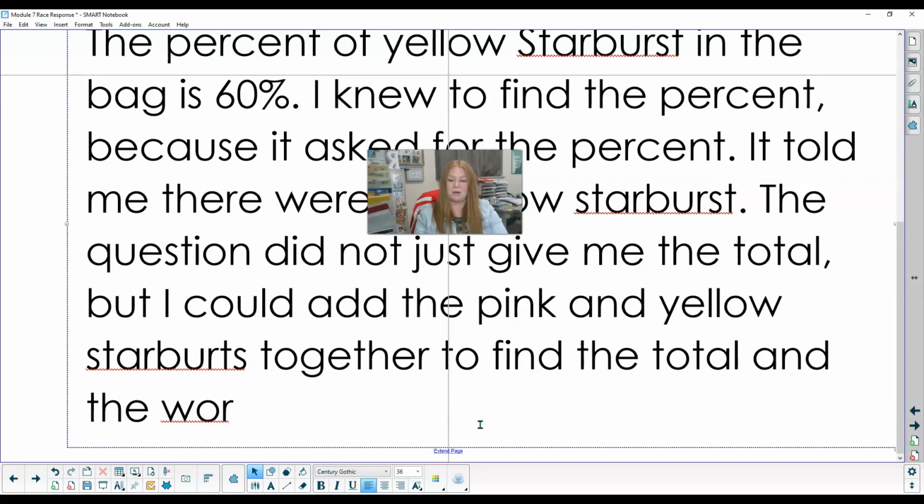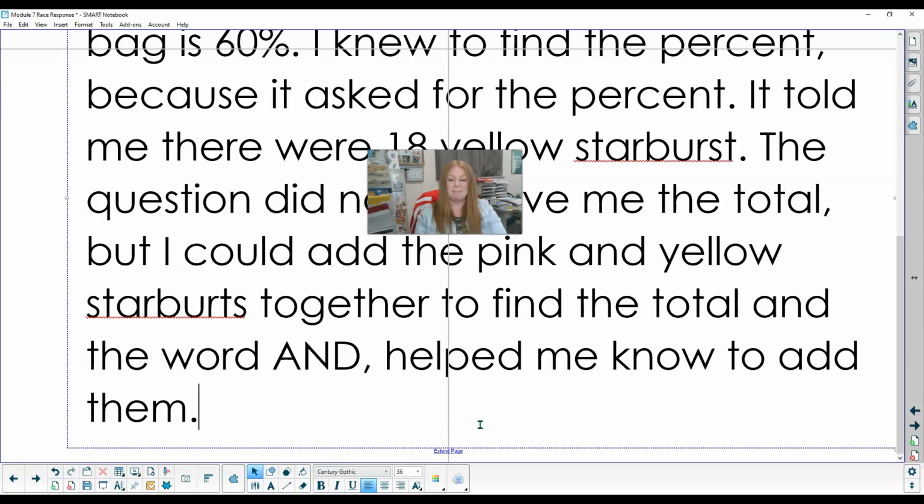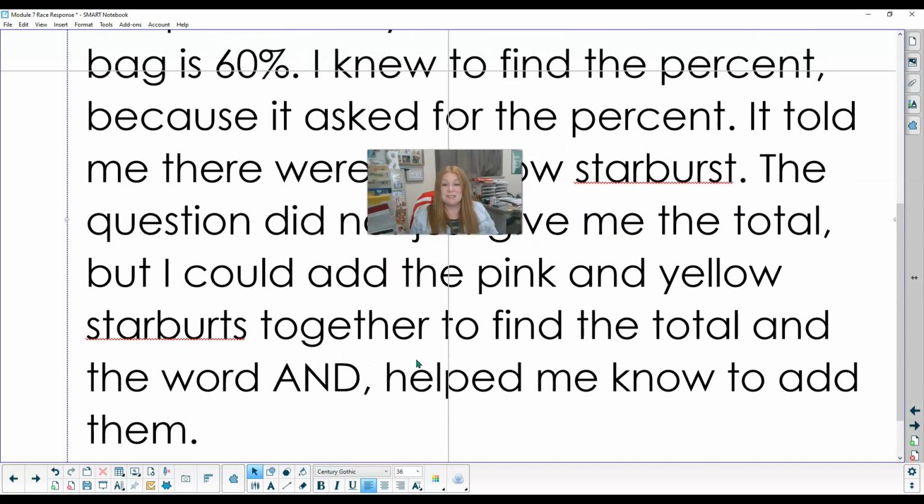And the word and helped me know to add them. I added this and this in the bag. There, I can see that.